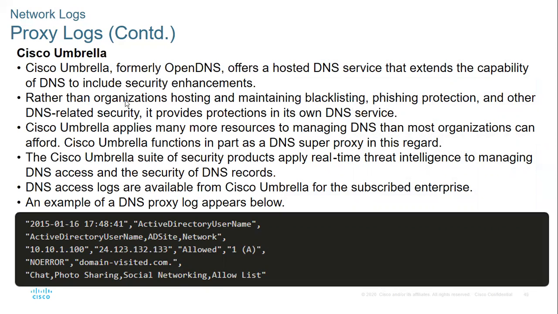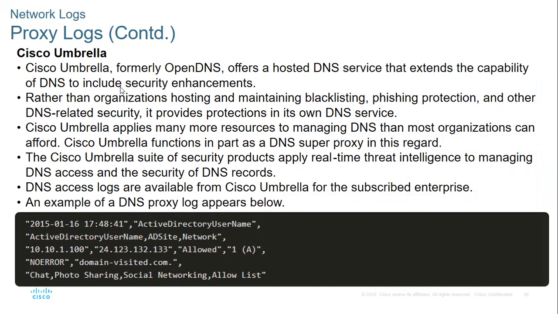Cisco Umbrella, formerly called OpenDNS, offers a hosted DNS service that extends the capability of DNS to include security enhancement.